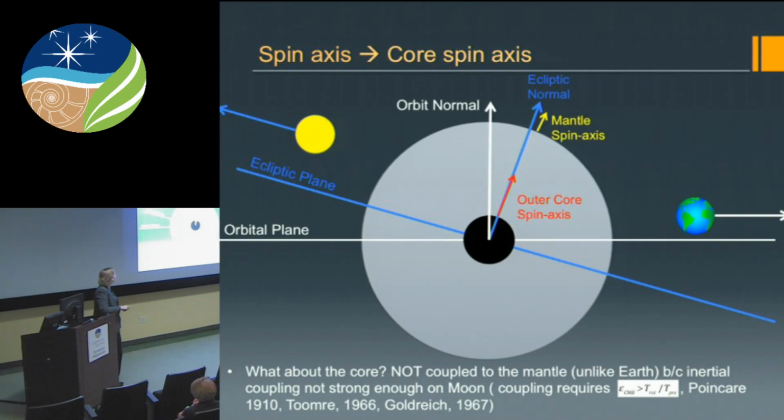There's a condition that was determined by Poincaré and others early on that said that ellipticity, in order to get coupling, has to be larger than the rotational period divided by the precessional period of the body. This condition is not met for the moon. So the outer core is doing its own thing, most likely spinning about the ecliptic normal, while the mantle is spinning about a different axis. You can envision this as two spheres that are spinning about different angles.